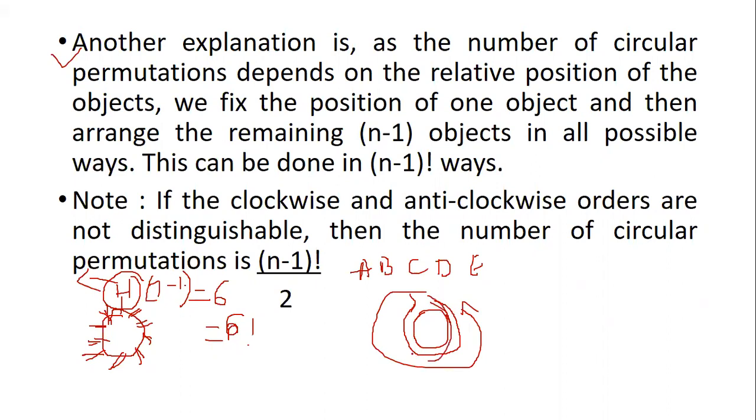From right to left is clockwise, and from left to right is anti-clockwise. If there is no difference when I arrange them in either clockwise or anti-clockwise, then I will just find n minus 1 factorial by 2. This should give me the answer.